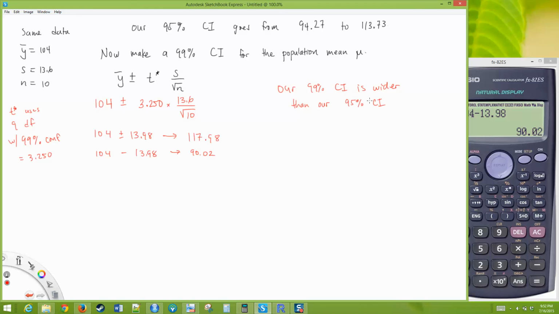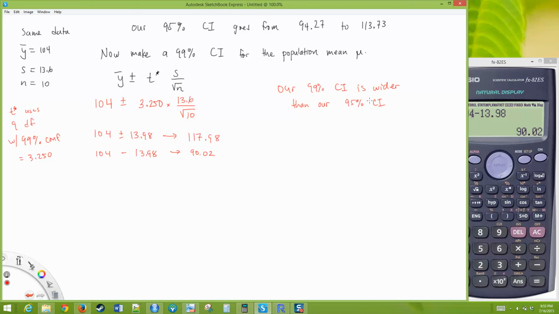And that makes sense if we think about it, right? If we want to be more confident about creating a zone where some unknown thing is, we should make that zone bigger if we want to be very confident. On the other hand, creating a zone that's too big is not very useful. I can always say I'm 100% confident that mu is between negative infinity and positive infinity.